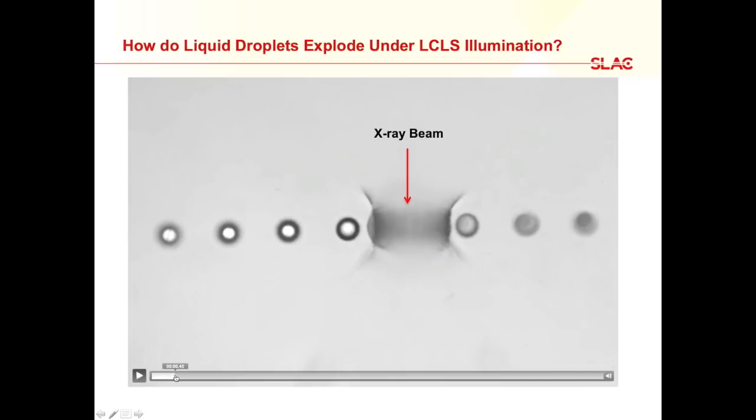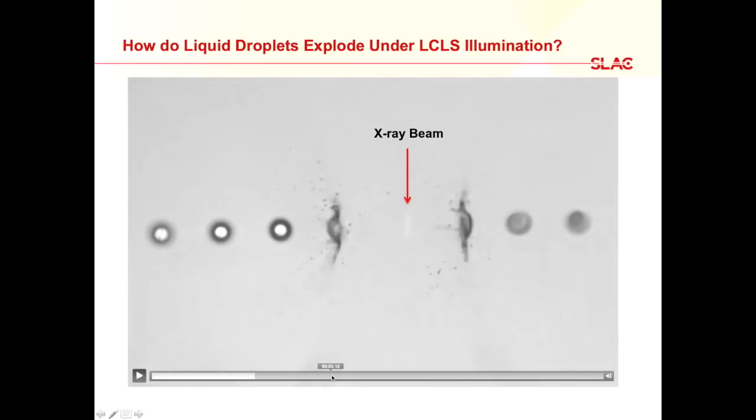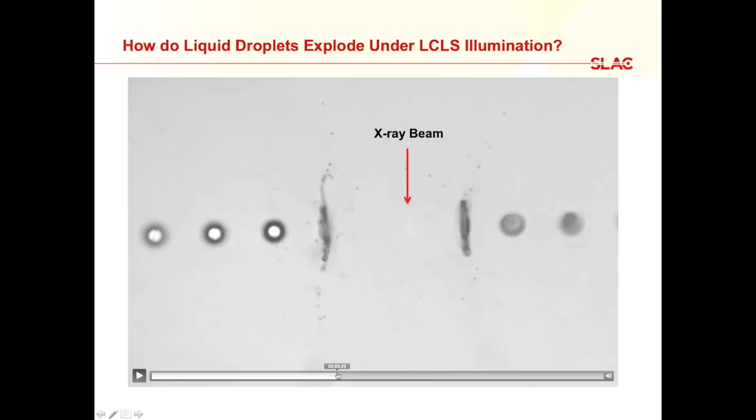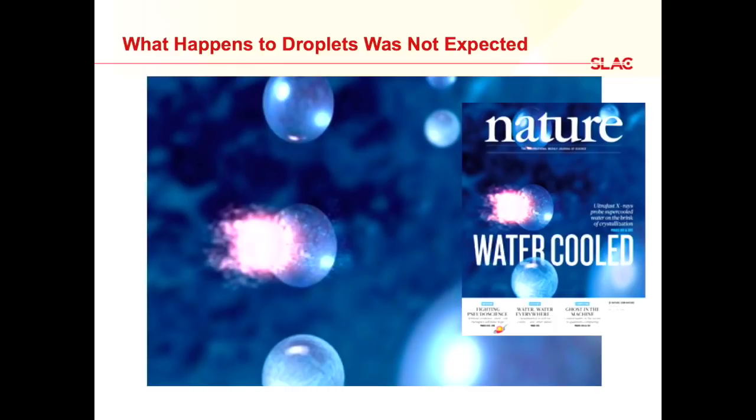So this is the beginning phase here where the X-rays hit, vaporize the water again, and then a big shock wave propagates and eventually completely pancakes the neighbors. That was unexpected, at least from me. And actually not just from me, because a couple of years before that, we had a measurement on similar water droplets where we were interested to look at the water structure itself, a completely unrelated measurement.